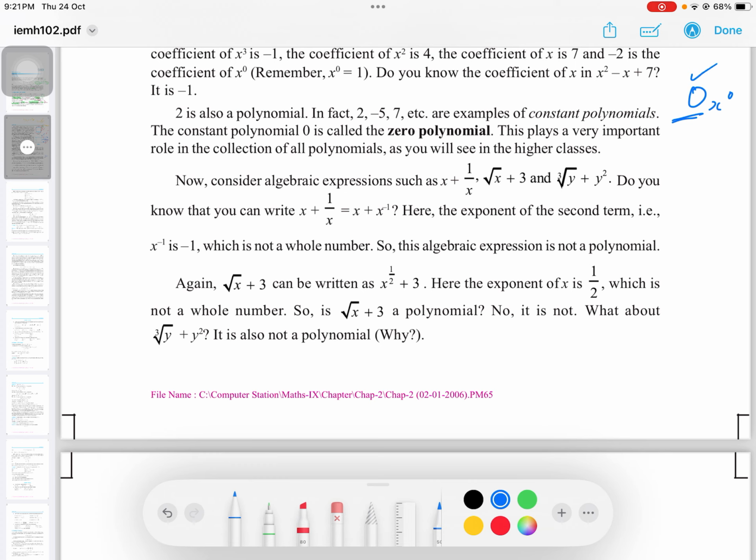It has a coefficient, and the coefficient has no condition. Remember that. It can even be 1/2, root 3, anything. So 0 is a coefficient, and that coefficient condition is satisfied. X as a variable is satisfied, and its power is a whole number, that is also satisfied. So therefore 0 is a polynomial.